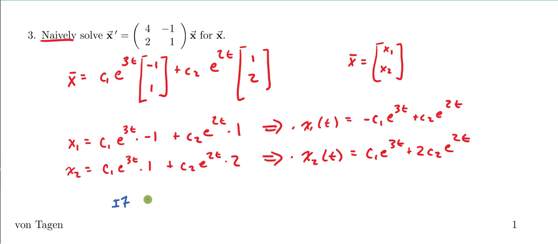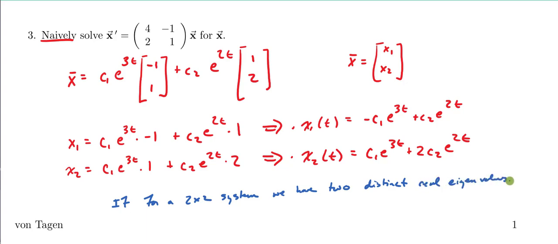So if for a 2 by 2 system we have two distinct eigenvalues, let me say two distinct real eigenvalues, lambda 1 and lambda 2, with eigenvectors v1 and v2, what we'll do in class is we'll show that this gives us a general solution.